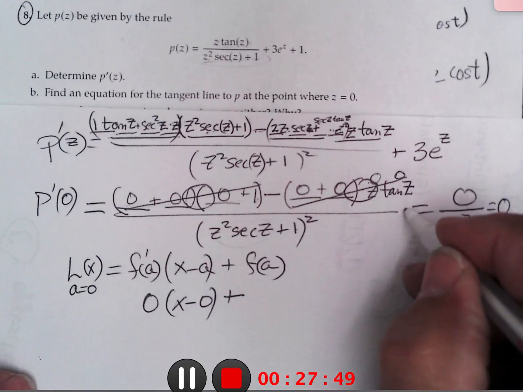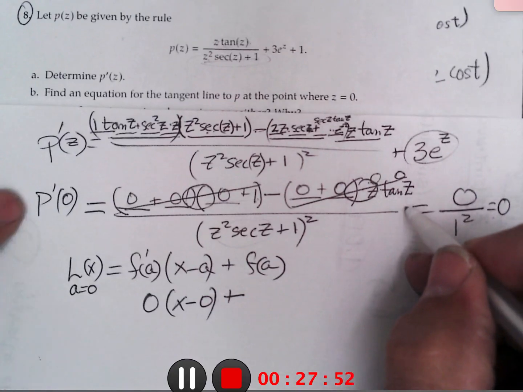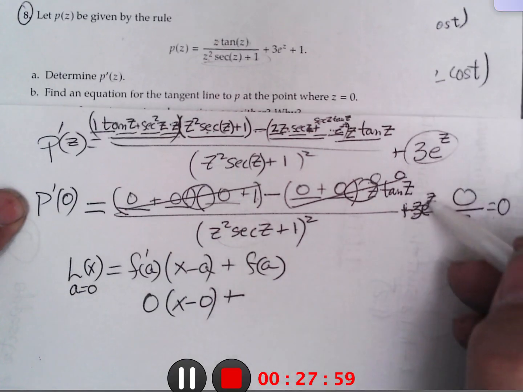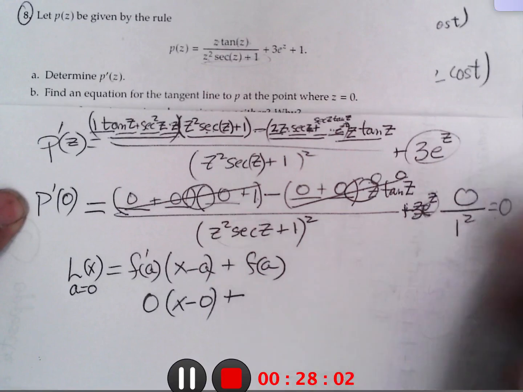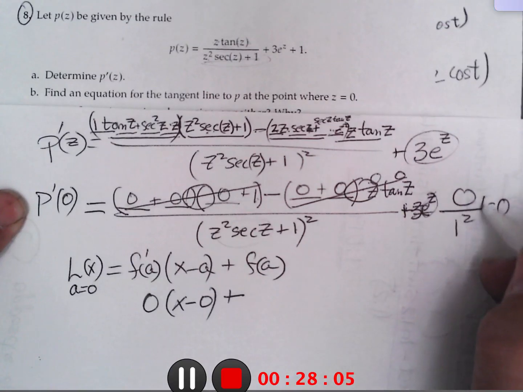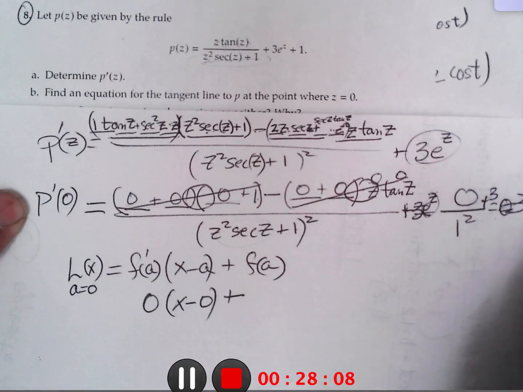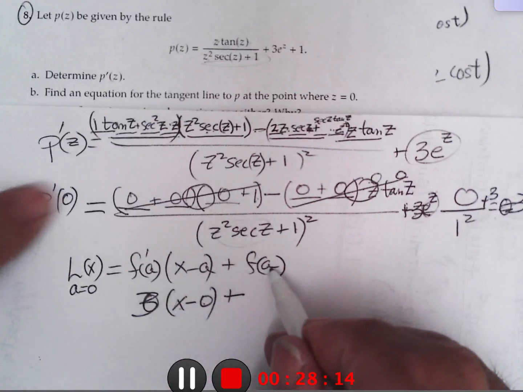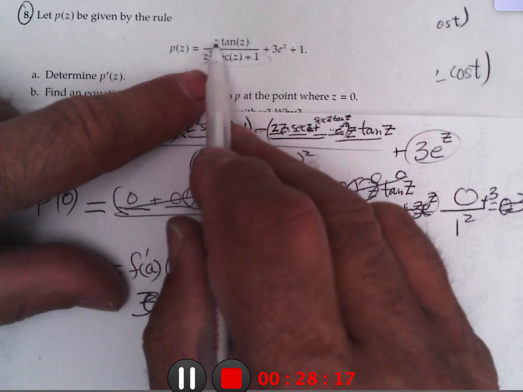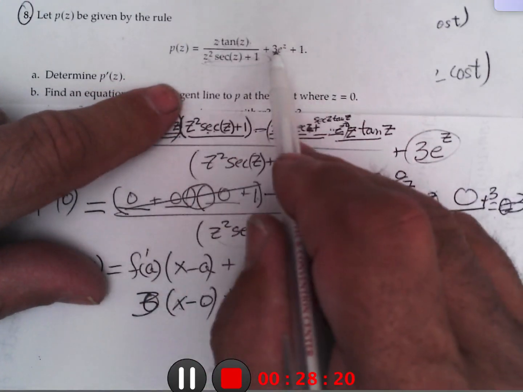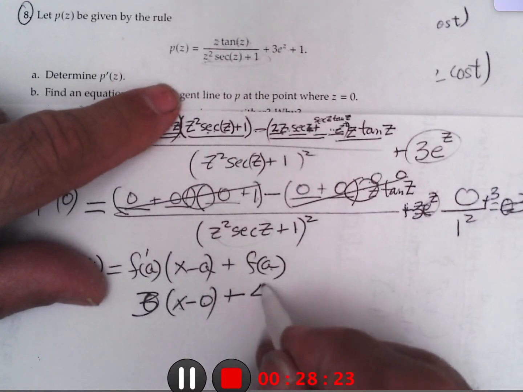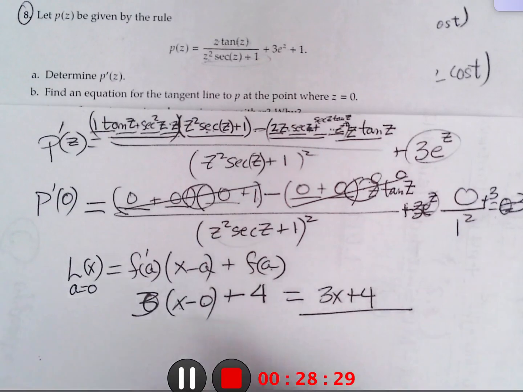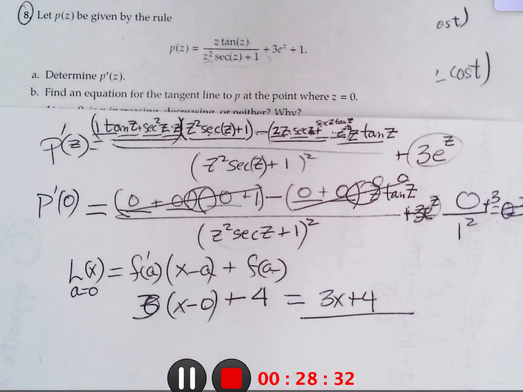I forgot to do plus 3e to the z. And e to the 0 is 1 times 3. So I got this plus 3, which is 3. So I got a slope of 3 times x minus 0 plus f of 0. And that would be 0 for this fraction, 3 for that, and 1 for that, which is 4. So I end up with 3x plus 4 as the equation of the tangent line. Y equals. Yeah, forgot this part.